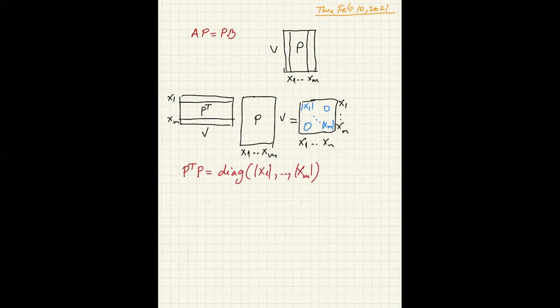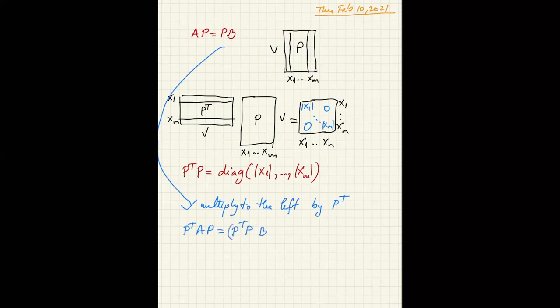From here, what we do is we multiply on the left by P transpose. So we get P transpose AP equals P transpose P times B.